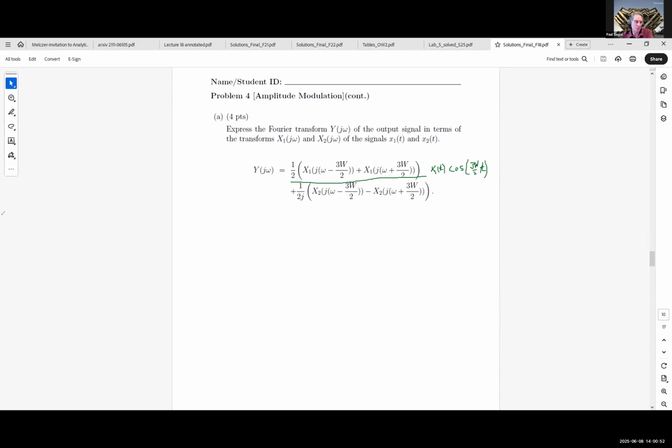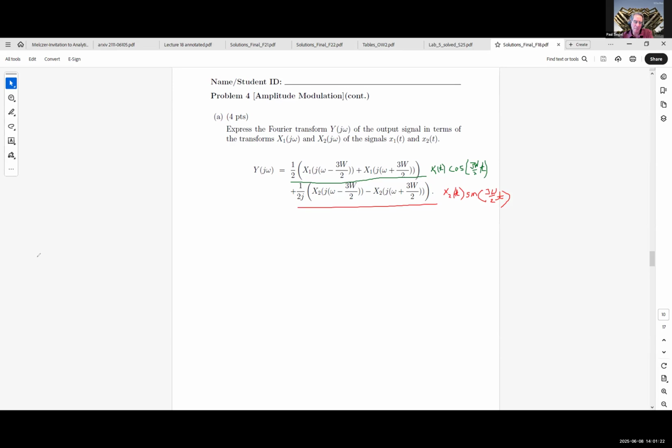And this is the piece that corresponds to x2 of t times the sine of 3w over 2 times t. Okay, so that is just the first part. Was that part okay? Yes. Okay, so that's kind of the first part.